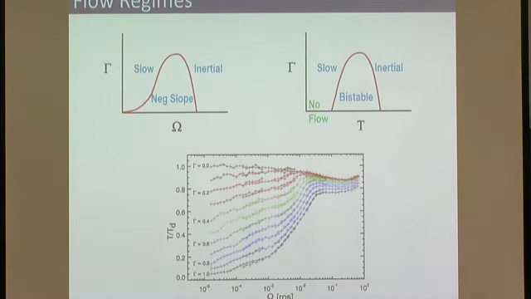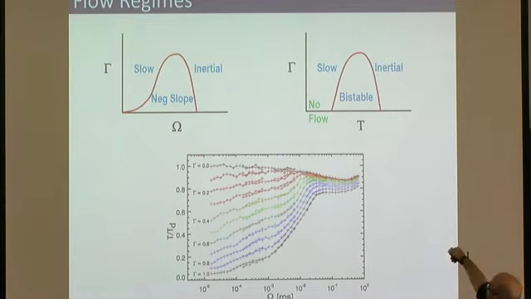And if you want to put that into a diagram, you can do it 2 ways. You can think about controlling the shaking strength and the flow rate, and you basically have a slow flow and an inertial flow regime. In between, you have this regime with the negative slope, but since you control the flow rate, you can still access that part.